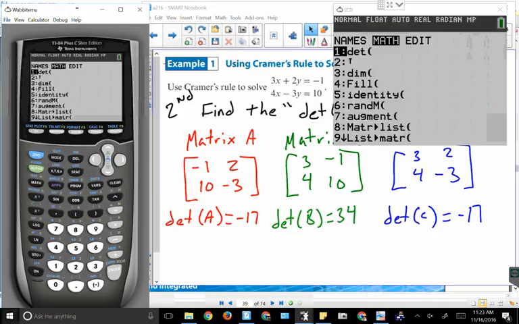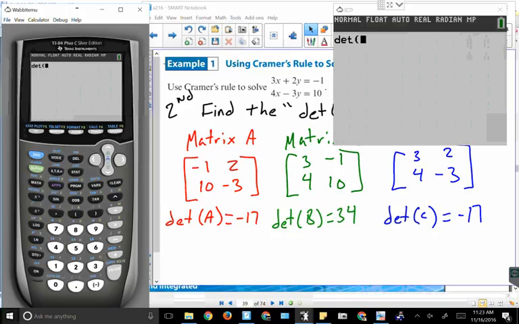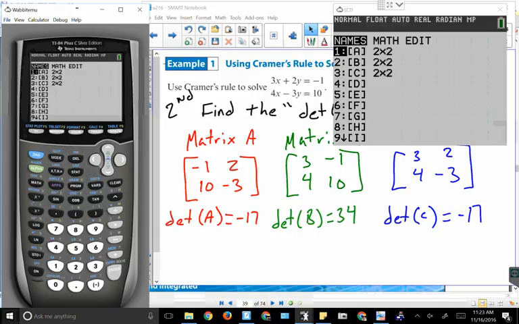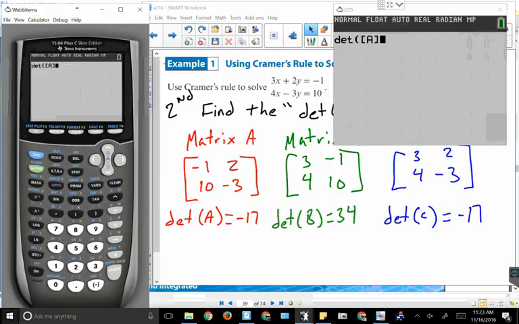So we go to math, we hit determinant. Second, matrix. Which one do we want the determinant of first? A. So we select A, and I see this on my screen, and I press enter. And it tells me it's negative 17. Write it down. And then you repeat the pattern again with matrix B and C.